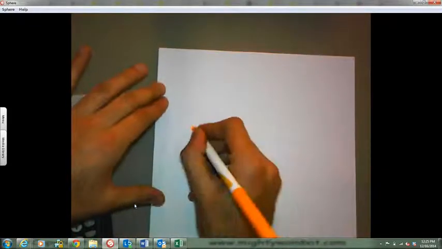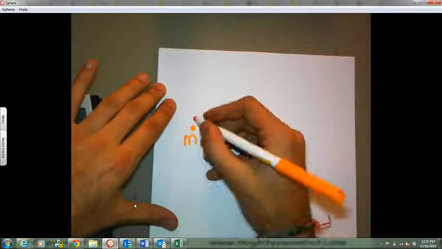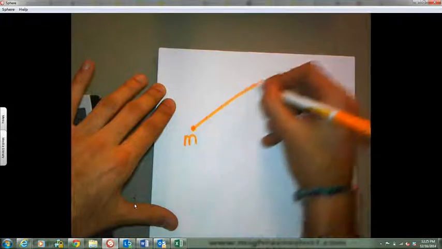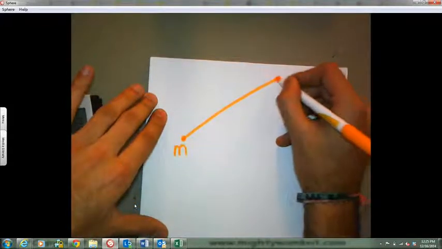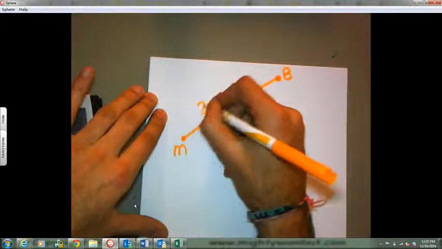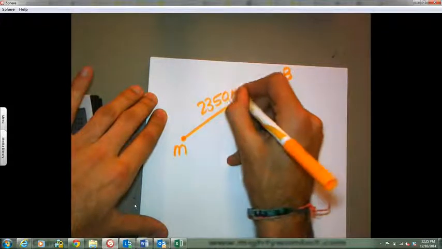So, let's draw the picture here. So here's Miami. And Miami goes over here to Bangor, which is in Maine, at a distance of 2350 kilometers. Miami to Nassau.